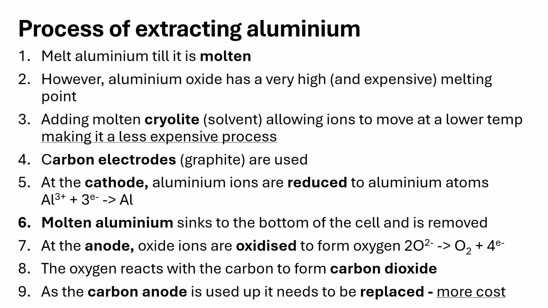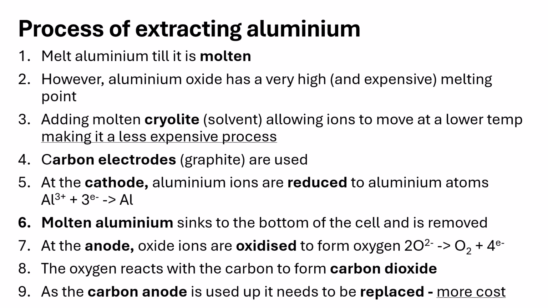At the anode, we have oxygen being oxidized because it is losing electrons. So the oxide ions are losing electrons to form oxygen gas. And we have 2 ions because we want to form O2 molecules. As a consequence, we end up with 4 electrons, 2 from each of the oxide ions.